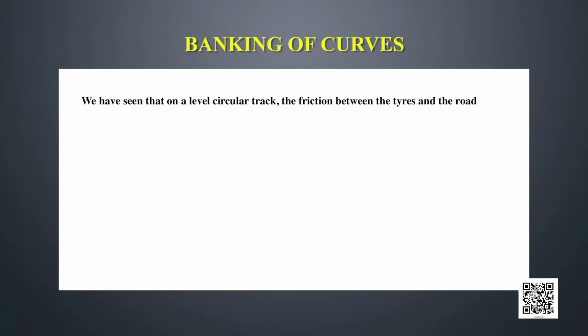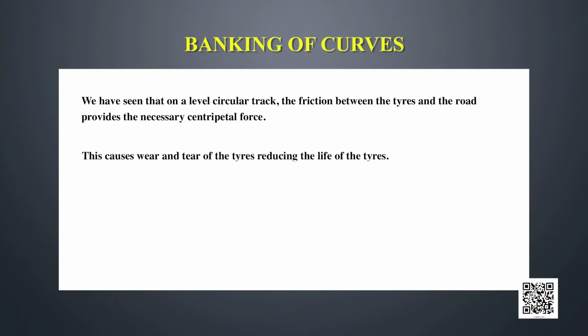Banking of curves. We have just now seen that on a level circular track, the force of friction between tires and the roads provides the necessary centripetal force for circular motion. This causes wear and tear of the tires, reducing the life of the tires.